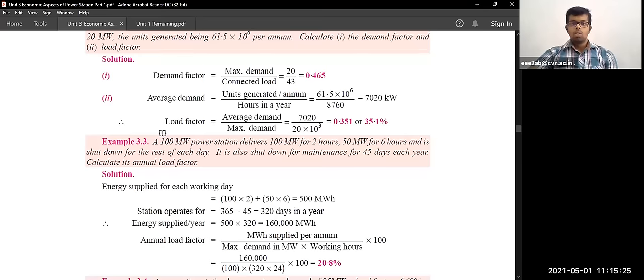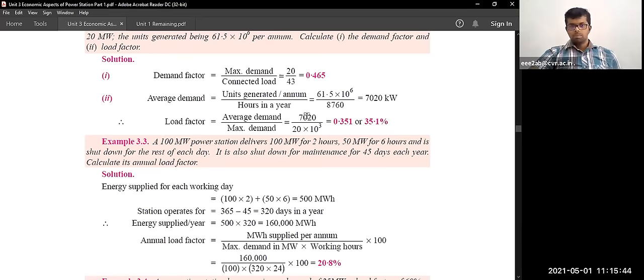Next is load factor. Load factor is nothing but average demand divided by maximum demand. To find the load factor, we first find the average demand, that is unit generated per annum divided by hours in a year.